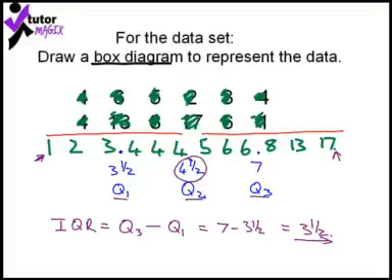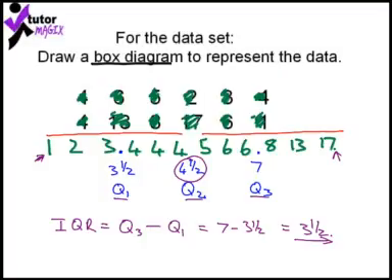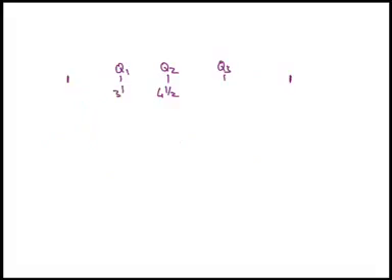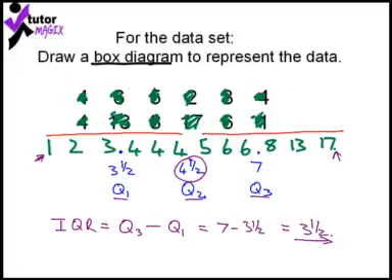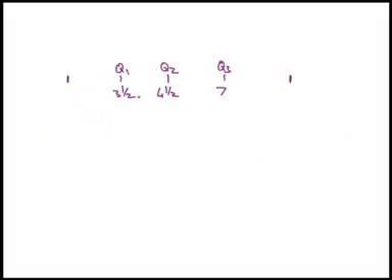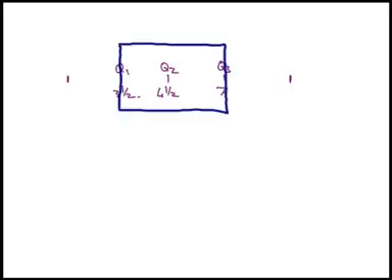So we'll start with the 4.5 of Q2, plot that there, say that is 4.5, Q2, then we'll have Q1 and Q3. Q1 was 3.5 and Q3 was 7, and then we'll draw a box around the quartiles, like that.